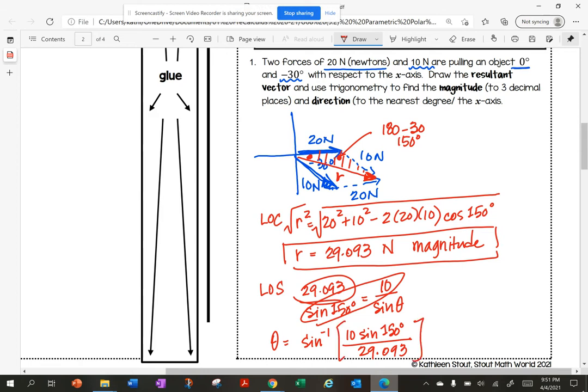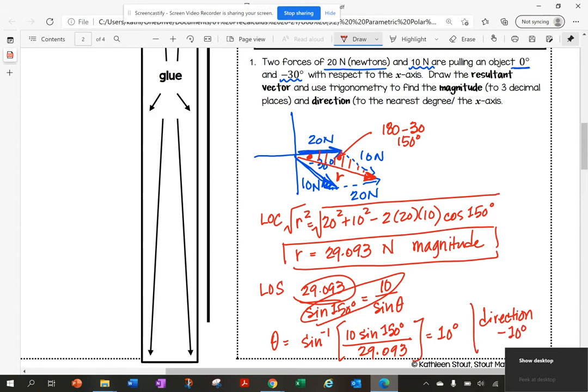This works best in your calculator in fraction mode. So I get the angle is 10 degrees. But since I'm going in the negative rotation, my direction is negative 10 degrees.